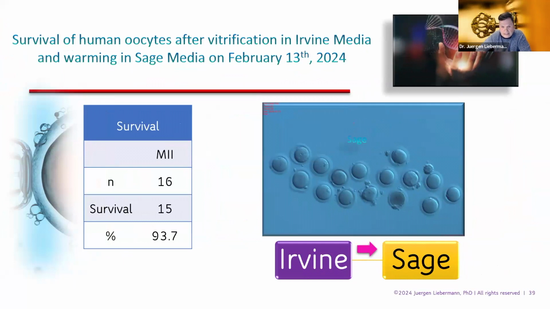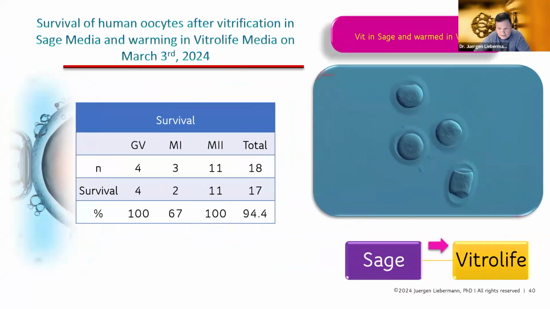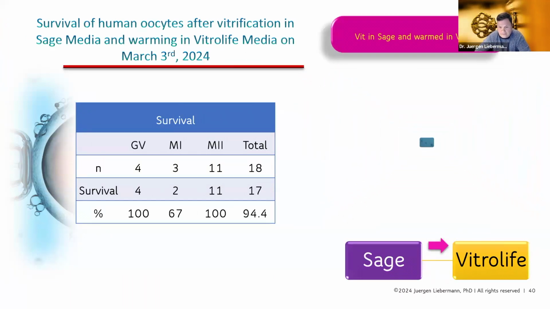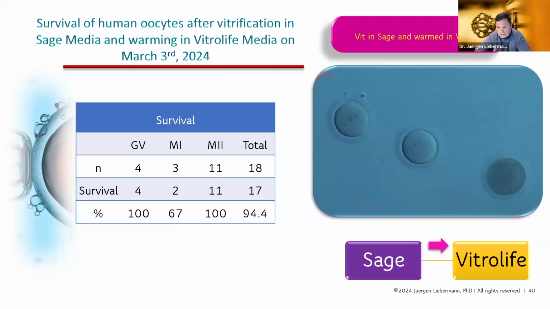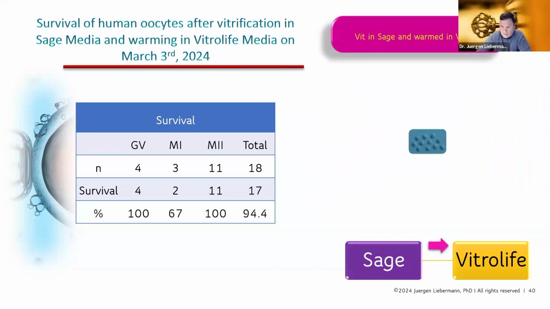And you see here I did 16 M2, 1 died, so 15 survived. And finally, I also tried Sage as vitrification solution, and when I thawed in Vitrolife, here I have GVs. Of the metaphase 1, 3 died, and when I had metaphase 2 oocytes, all of them survived. In the next picture, here we go.